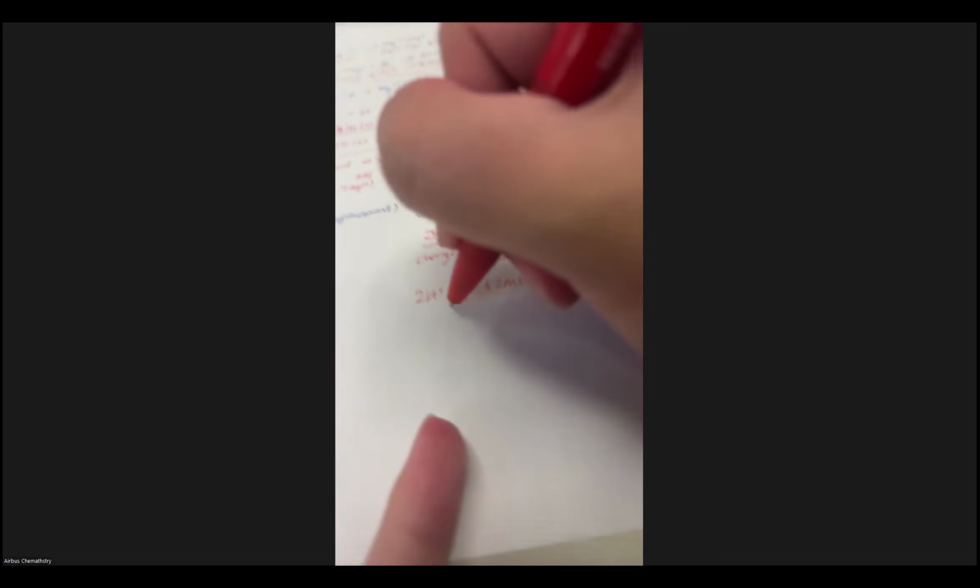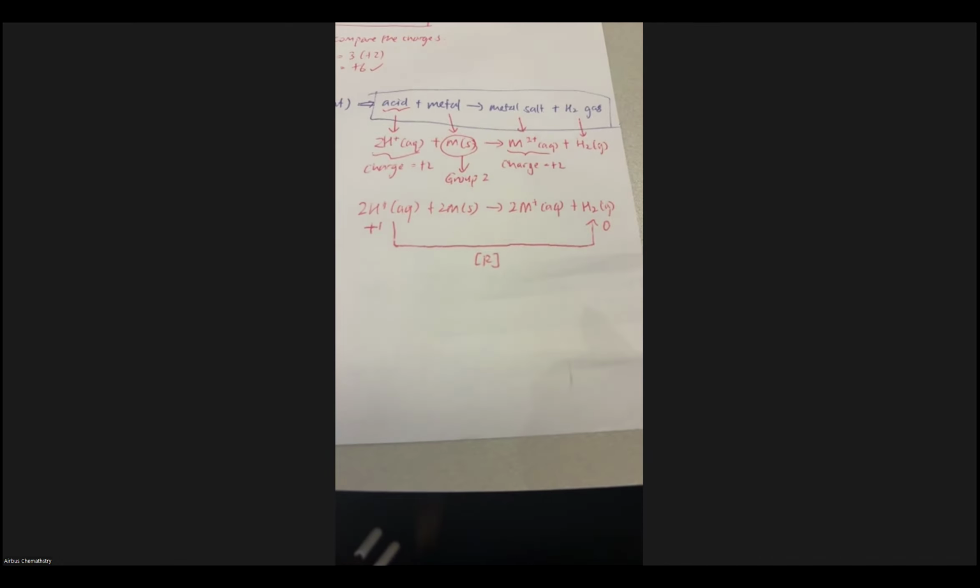So the H+ is essentially being reduced. I'm going to draw the arrow here. This is 0, this is plus 1. So this undergoes reduction.